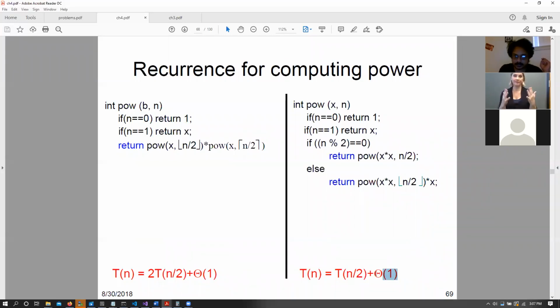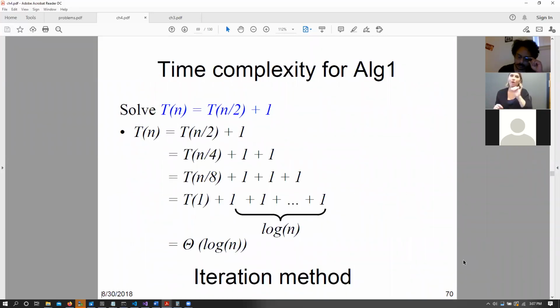So now let's look at this particular equation here. We have T(n) equals T(n/2) plus theta 1. Now this we will try to solve using the iteration method. That is similar to the recursion tree, but essentially we are going to evolve our equation and recursively find out what's going on. So we have T(n) equals T(n/2) plus 1. Then essentially we can say that that equals T(n/4) plus 1 plus 1.